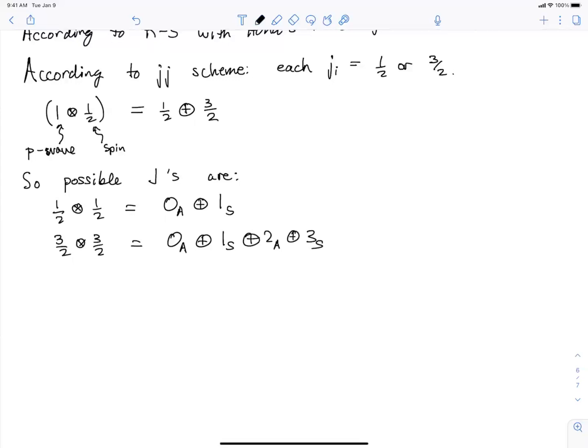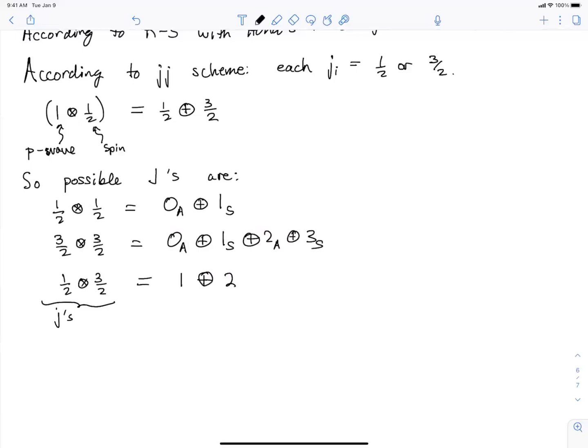And so this anti-symmetric combination will work, this anti-symmetric combination will work, and this anti-symmetric combination will work. But we could also have one of the electrons in the 1/2 and the other one in the 3/2 of the individual j's. So on the left, these are the j's. And when I add those together, I get angular momentum 1 and angular momentum 2.